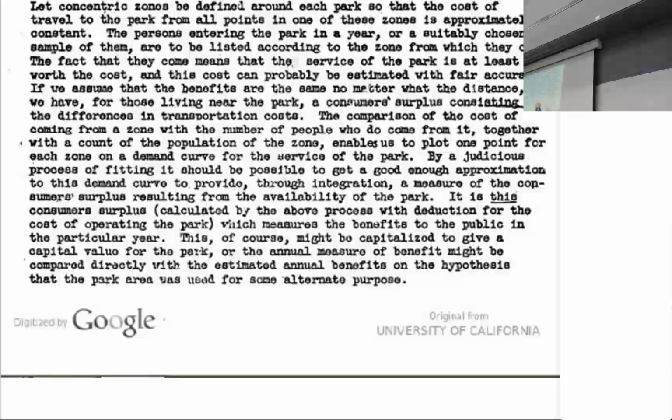The other thing is that Hotelling writes not about the consumer surplus, but about the consumer's surplus. This was before economics had moved to a representative agent that somehow occupied a range of potential behavior. And then you have a demand curve for the same person at different sort of alternative universes.